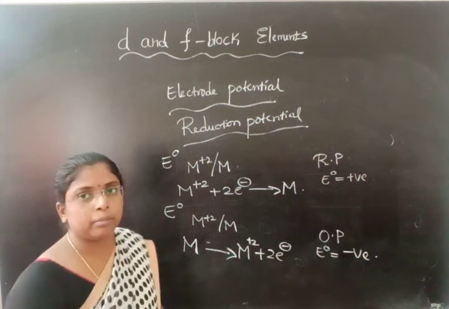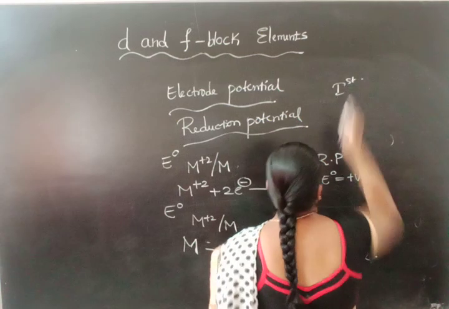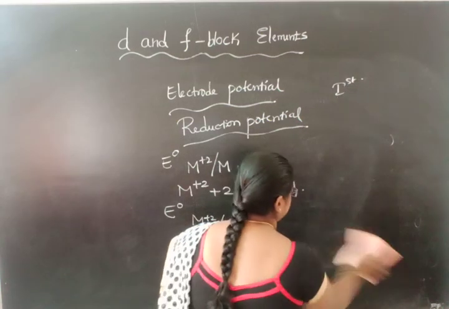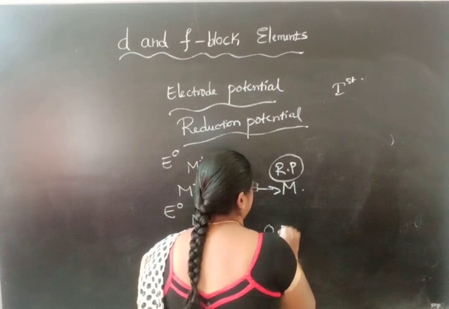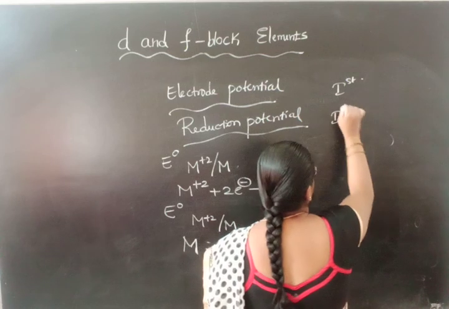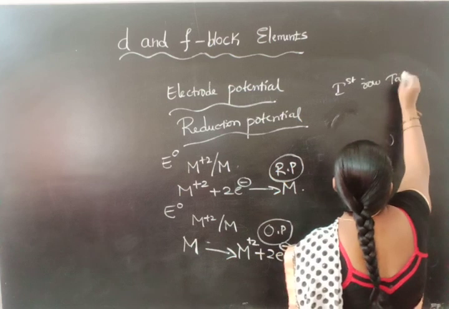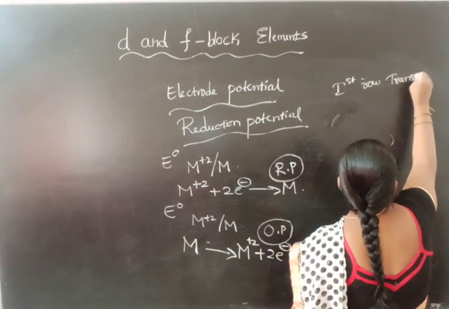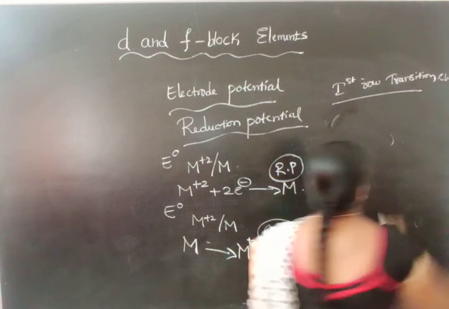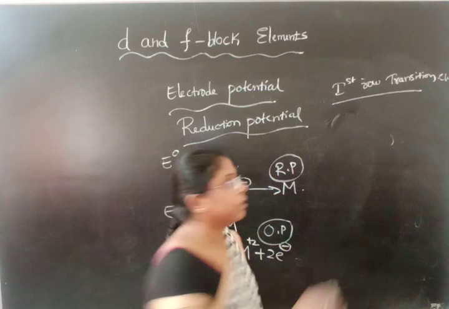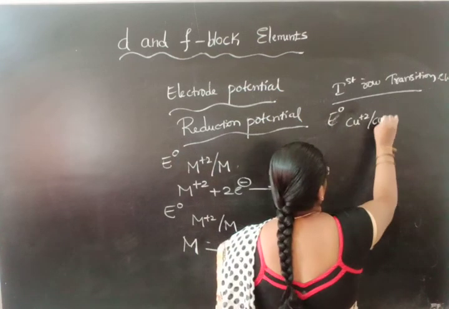In the D block elements, in the first row transition elements, except copper, E naught for Cu plus 2 to Cu is positive.